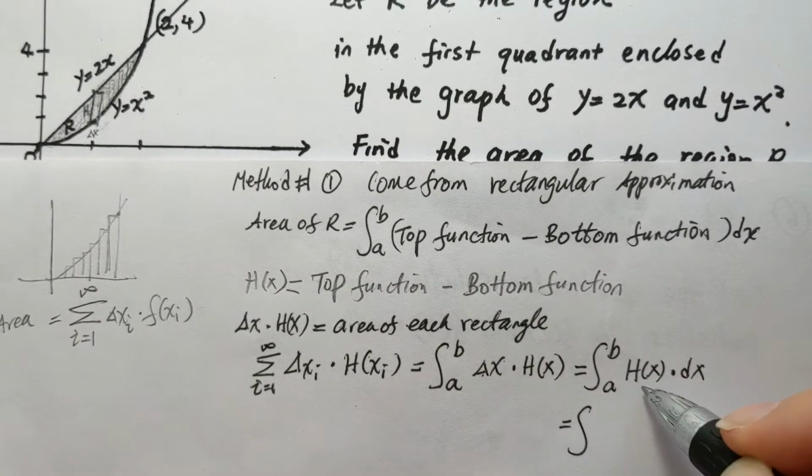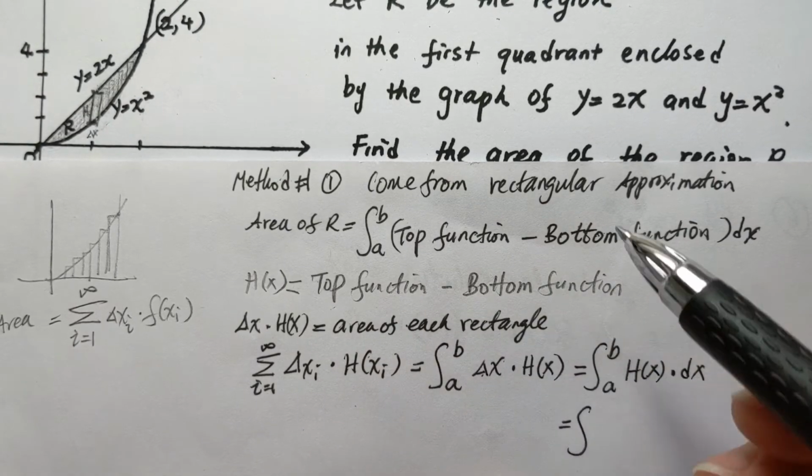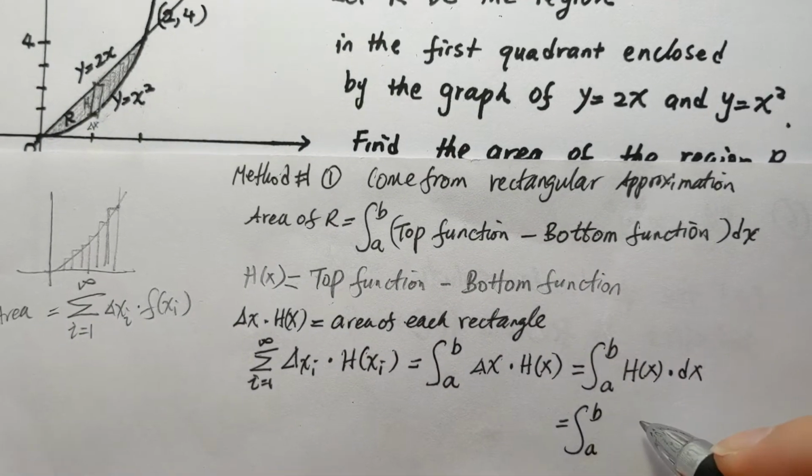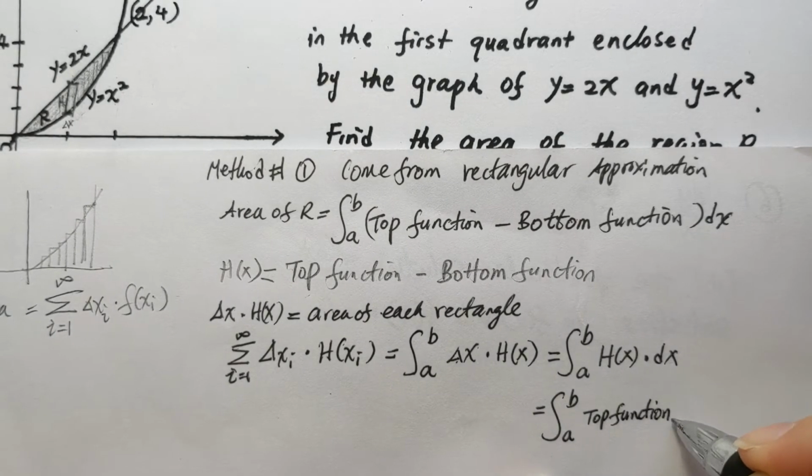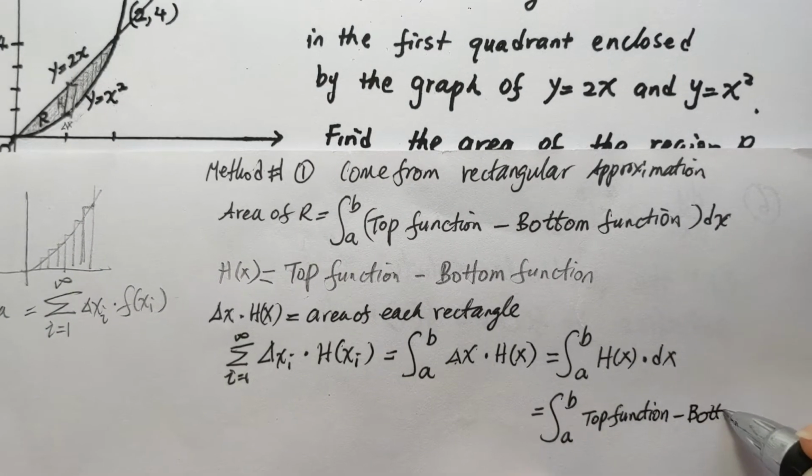And we know that h of x comes from top function minus bottom function, so we replace it by top function minus bottom function.